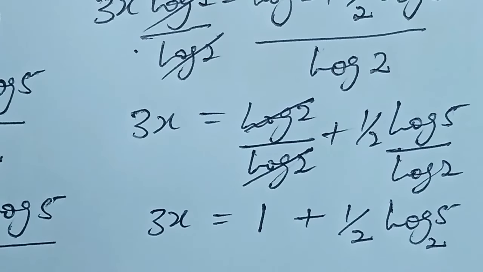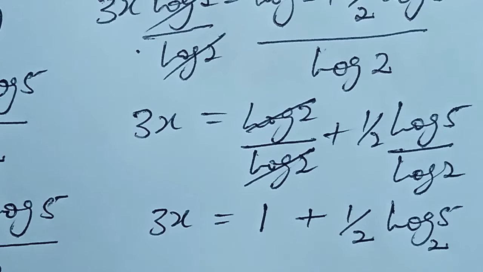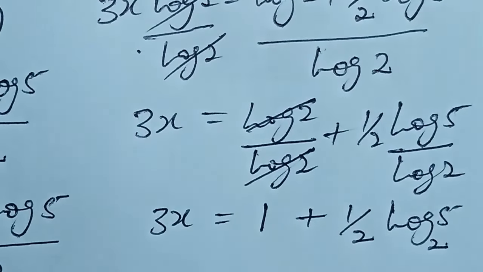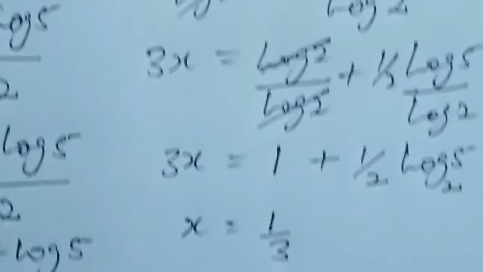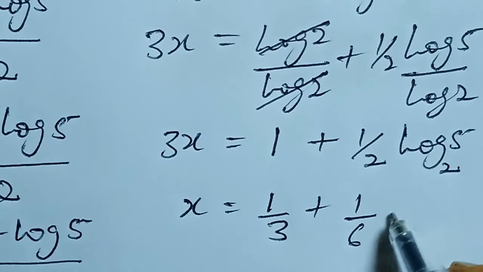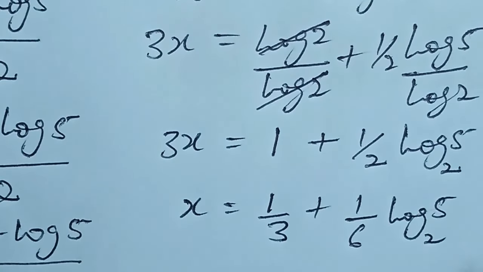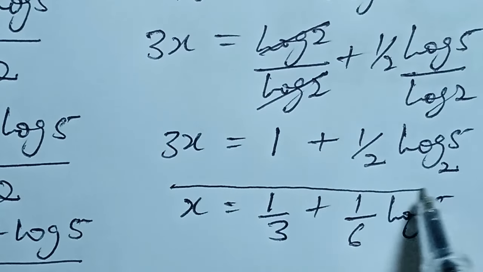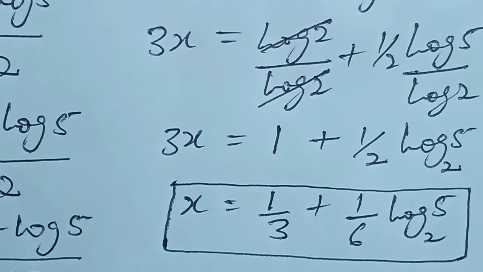So we can divide both sides by 3. If we divide both sides by 3, then the next expression becomes x equal to 1 over 3 plus 1 over 6 log 5 to the base of 2. And this is the value of x using this second method.